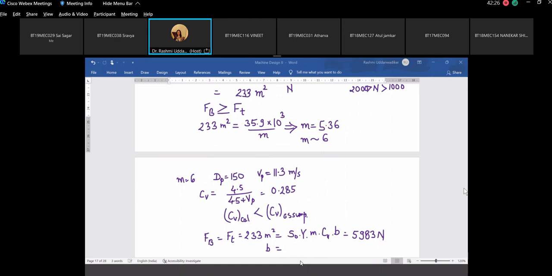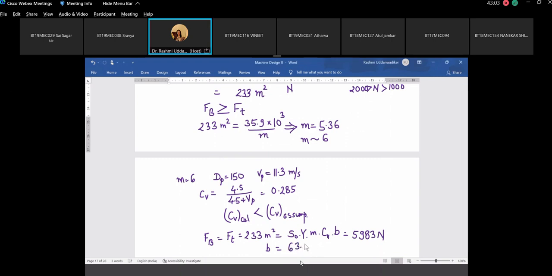Why so much variation? CV is 0.285, M is 6. Y remains the same value that we used earlier, 0.466. 0.37, okay. S naught remains the same. Give me the value of B again. Okay, we go with 63.